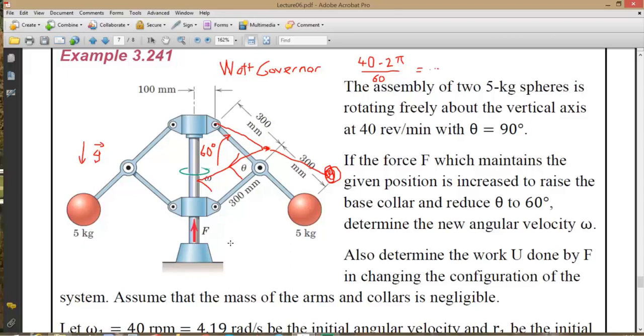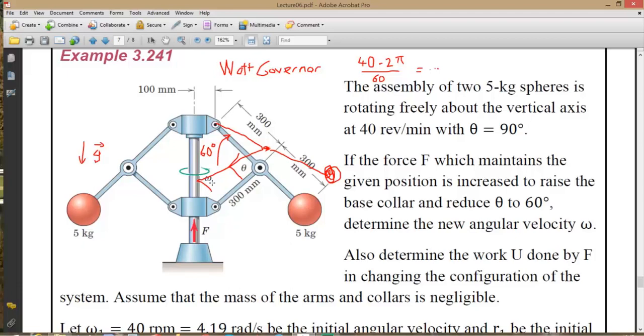So in order to understand that, we need to take a look at what happens to the kinetic energy. And in order to understand the kinetic energy, we need to understand what happens to the speed of these particles. So let's investigate it in terms of the speed of the particles. The information we have is the rotational speed omega.